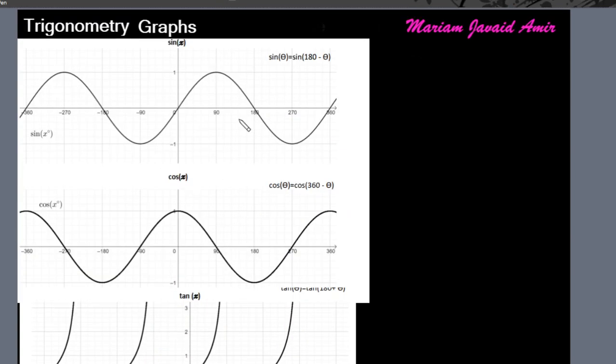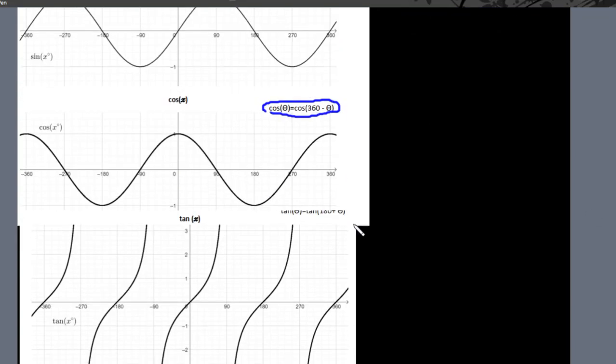Also, if we'd like to talk about these formulas here, I think I saw these formulas in a book and I copied them in the worksheet, although I haven't seen a question on graphs that is using these formulas in particular. This one is tan theta equals tan 180 plus theta.